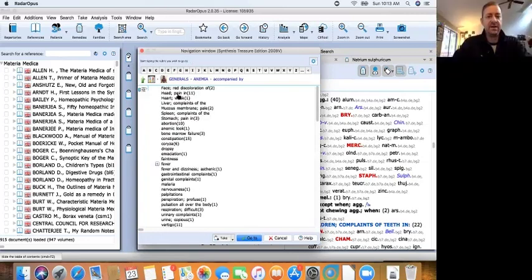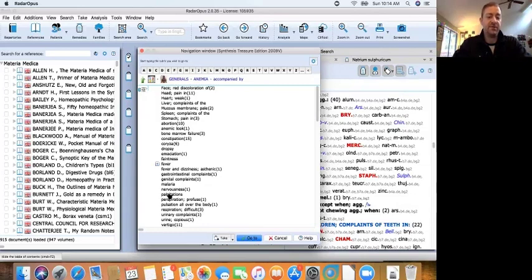If you have a patient with anemia, there are rubrics like anemia with red discoloration of the face. That's considered what's called false plethora. And usually the ferrum remedies are in there, and you can see there's ferrum metallicum and graphites are in there. So anemia with a weak heart, anemia with complaints of the spleen, the liver, with constipation, with emaciation, palpitations.